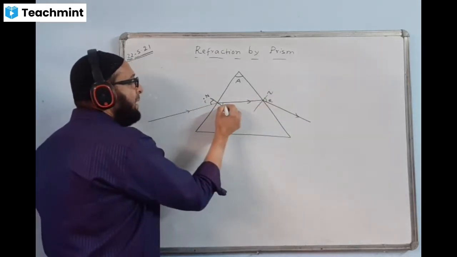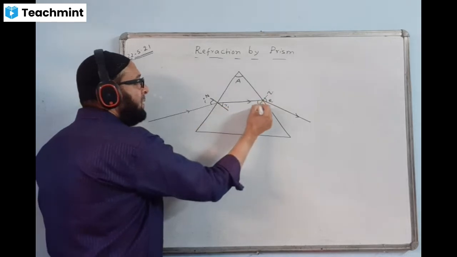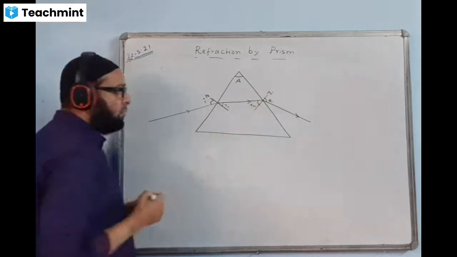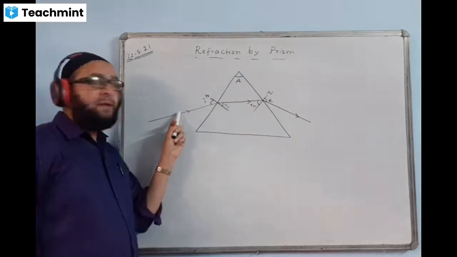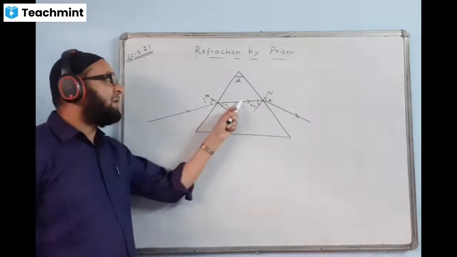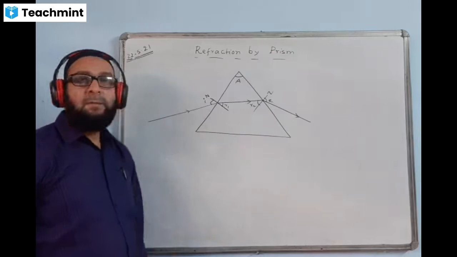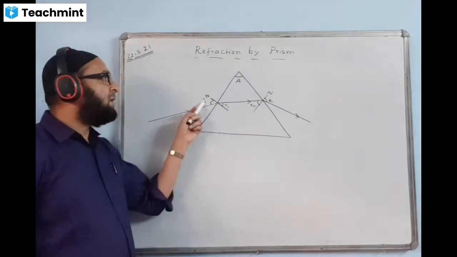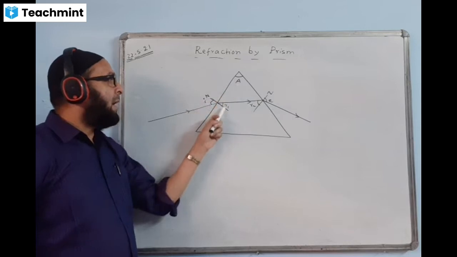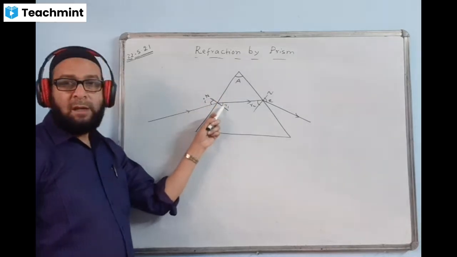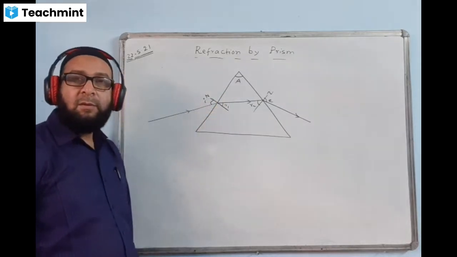This angle is marked as R1, this angle is marked as R2. Incident ray, refracted ray and the emergent ray. Angle of incidence, angle of emergence, angle of prism, angle of refraction, R1.